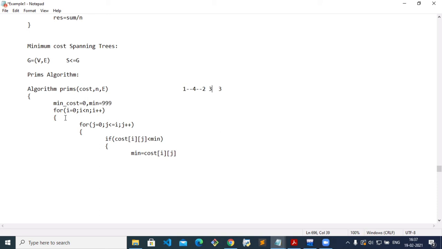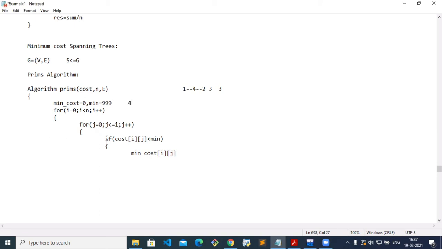So i equals 0 means from the starting vertex 0. Next j equals 0 means from 1 to 2 we are verifying: cost of 1 to 2 less than min? The cost of 1 to 2 is 4. Is 4 less than min, which I have initialized to 999? Yes, 4 less than 999 is obviously true. So my min value is updated from 999 to 4.